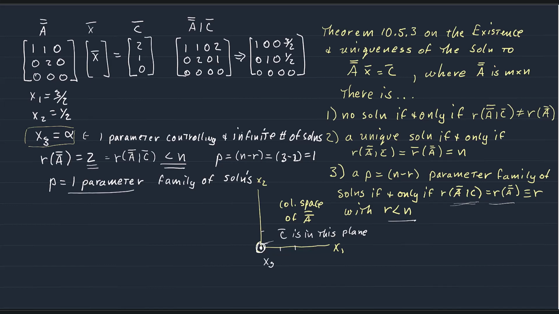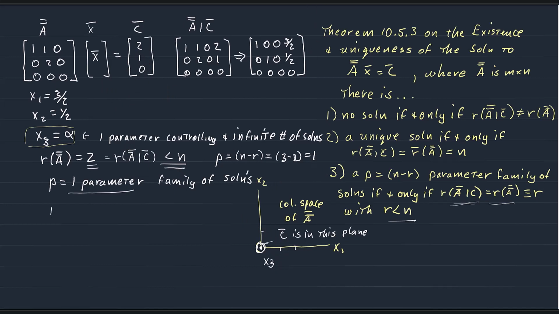And so the reason we have a non-unique solution is that we can stretch x3 by any amount out of this plane and still satisfy the solution with the column space of A being in the plane. In other words, x3 can be anything, and we're still satisfying this equation. We're still stretching the 2 in-plane columns of A by x to get our C vector.